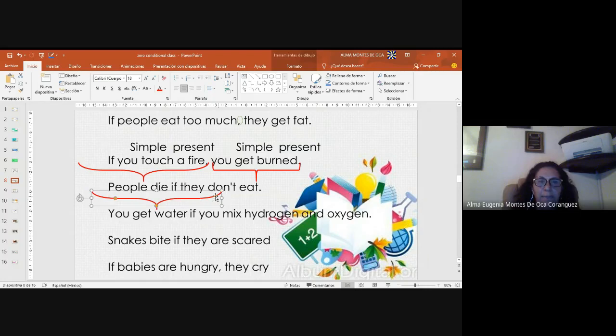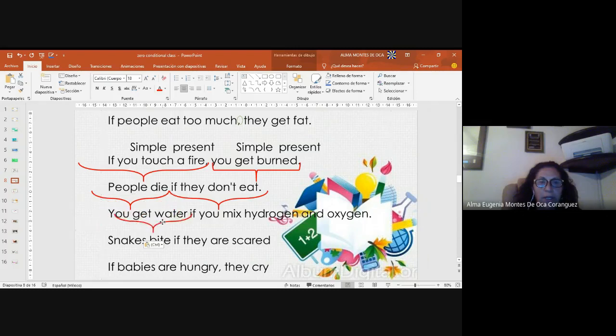People die is the result. If they don't eat is the condition. The condition is if the people don't eat, the people die. It is something that always happens.